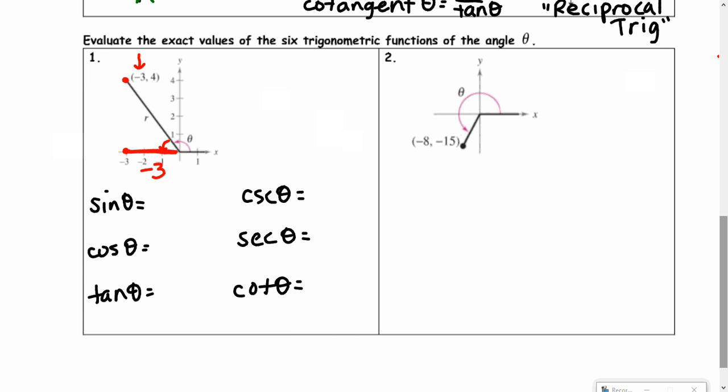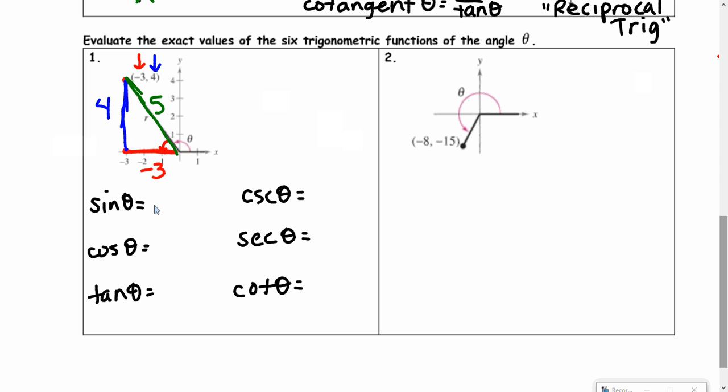So this one, how much I go up, is the y value of my point. So that is a +4. And then I need to do Pythagorean theorem or just look at it and know what it is to figure out my hypotenuse. It's a 3, 4, 5 triangle, so that's 5.